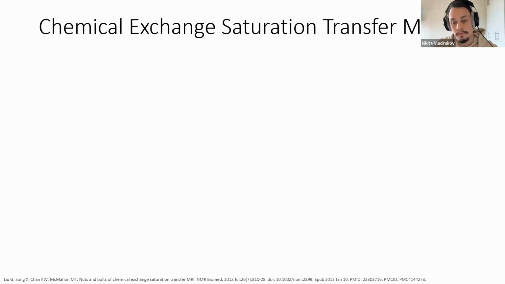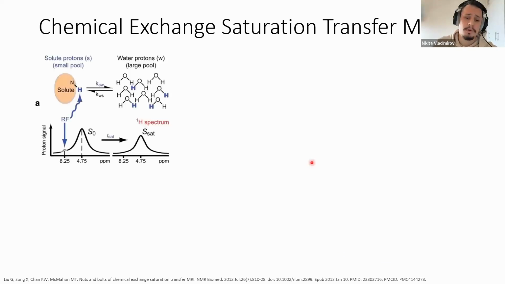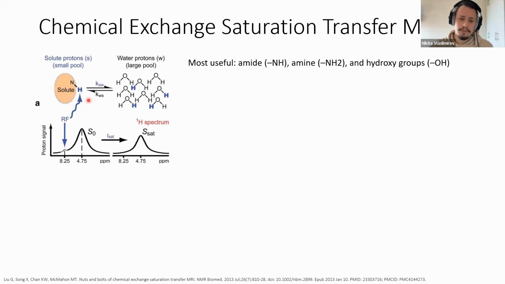How does it work? In CEST, we have two pools. One is the large pool of water and the other is a small solute pool. Usually it's some groups like amide and hydroxy groups, which have a proton which can exchange its saturation through chemical exchange. And we saturate exactly this proton at this particular frequency.